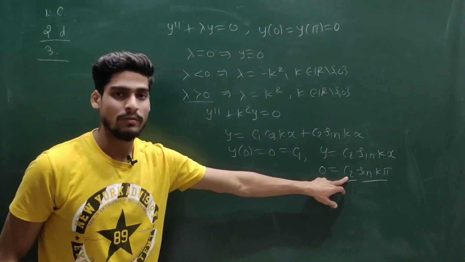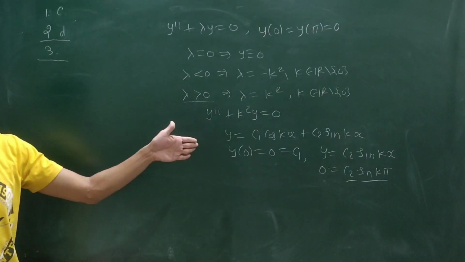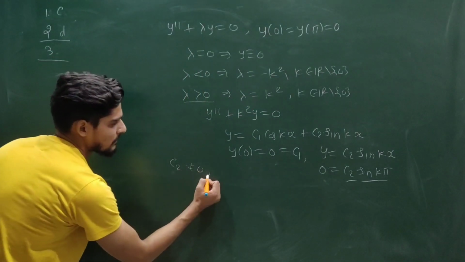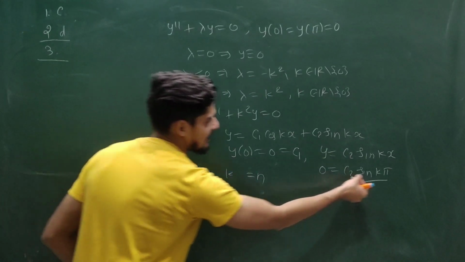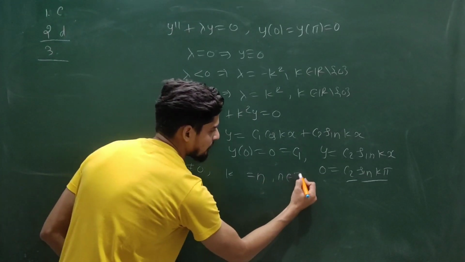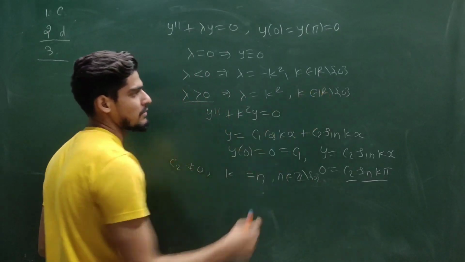If your C2 is 0, then you will have C1 0, C2 0, your y is identically 0 in every case. So for a non-trivial solution, I will assume my C2 is non-zero, then my k will be n, because sin k pi will be 0 when k is n, where n is an integer, and it will be non-zero integer because k is non-zero real number.